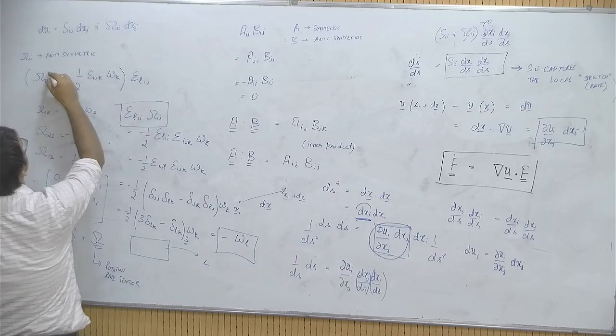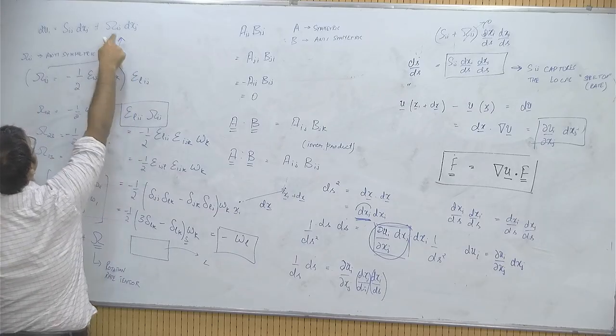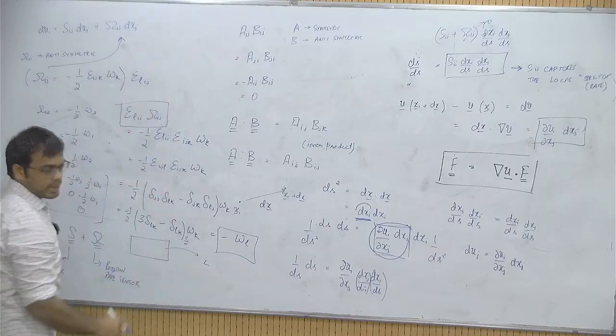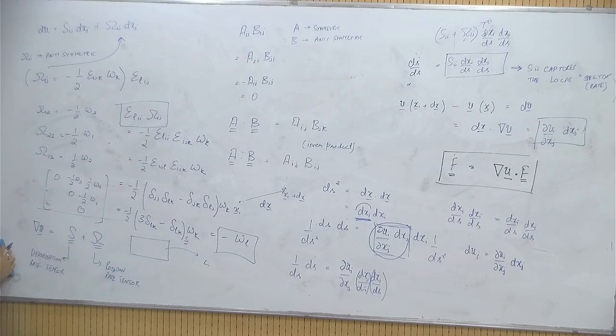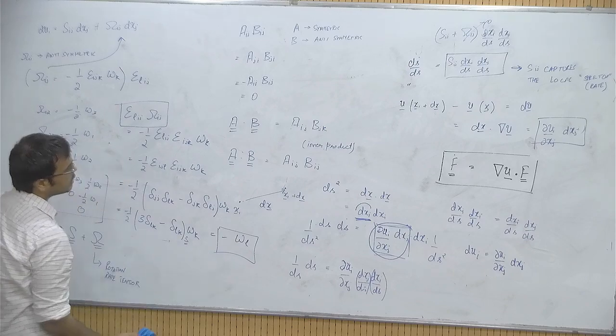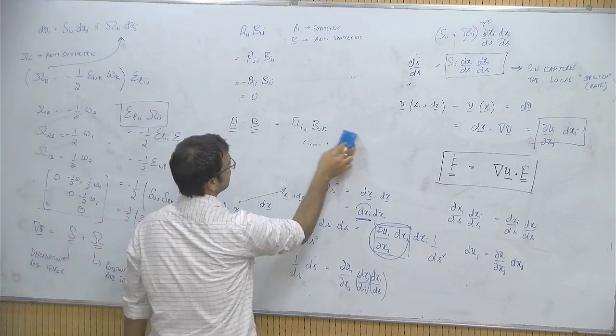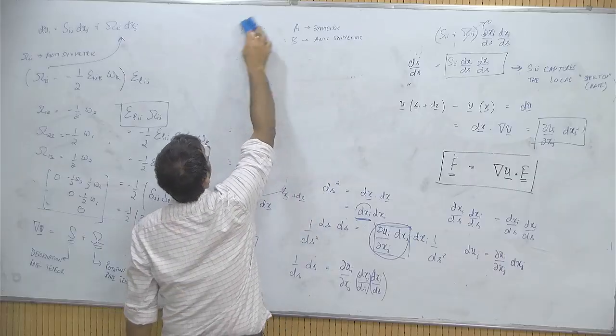Now let us substitute this omega ij in terms of the dual vector here. Let us substitute that here, and then hopefully things will become more clear to you guys. What is this omega ij doing?